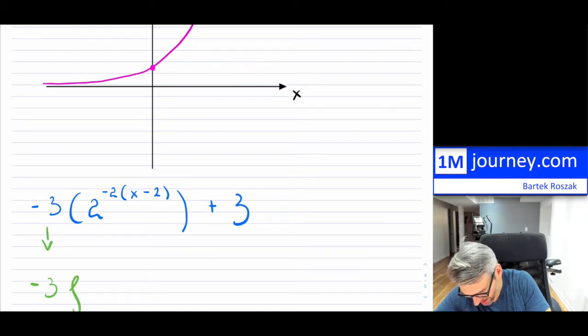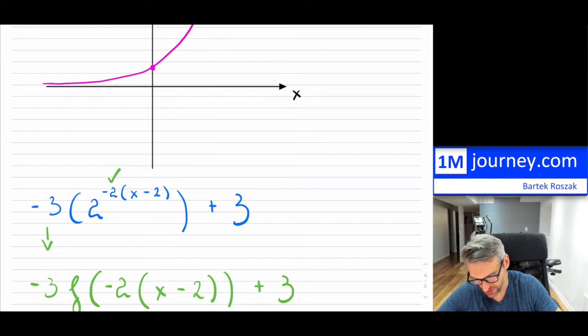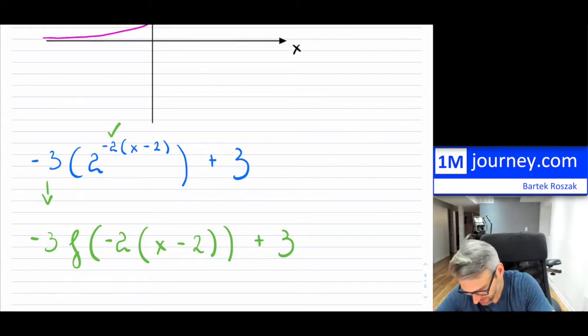Now I'm going to take my parent function. Now, this is D, so D is going to be -2. It's going to be x minus 2, so that 2 is my H, and then it's +3, which is my K. So notice that's what is matched. And now, let's do it.